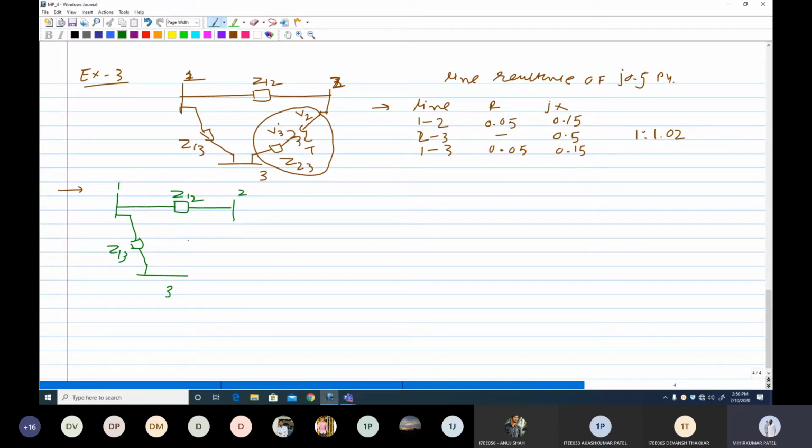Clear? So just formulate the Y-bus matrix for figure number 2.